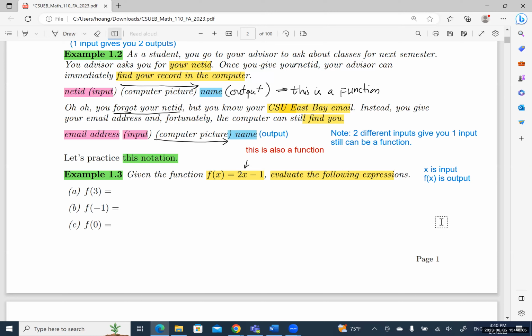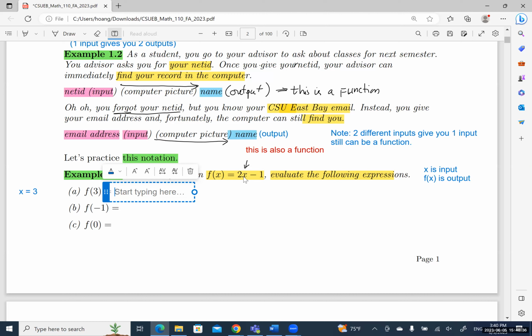So how can I find that? f of 3 means the input x now is 3, right? x now equals 3, and the output is f of 3. So that means I have to substitute, I have to change the x over here to become 3.